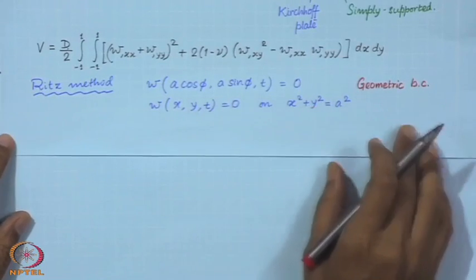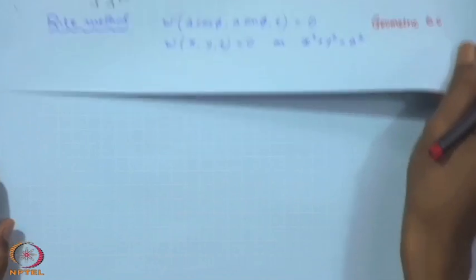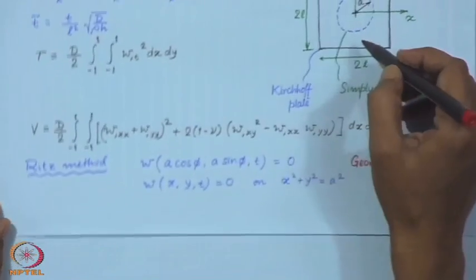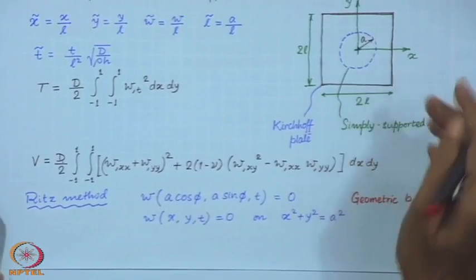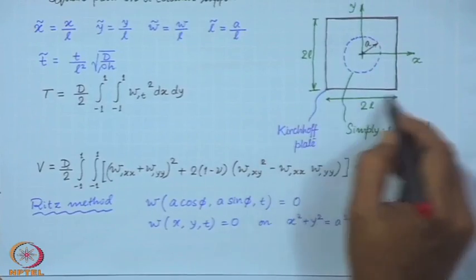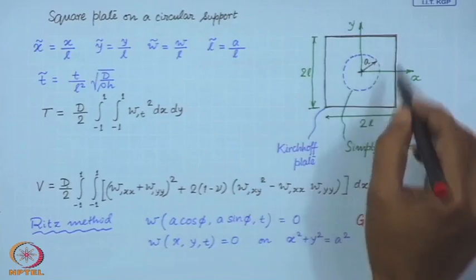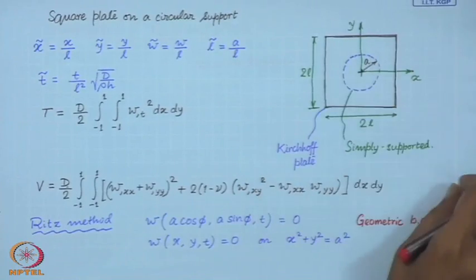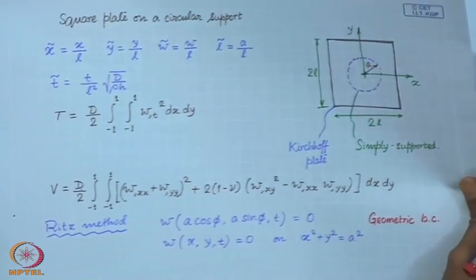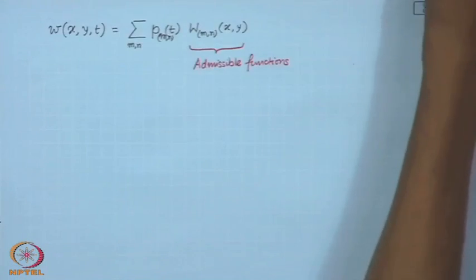Of course, there is a natural boundary condition also, on the edges, which are free edges. So, we have natural boundary conditions at the free edges.